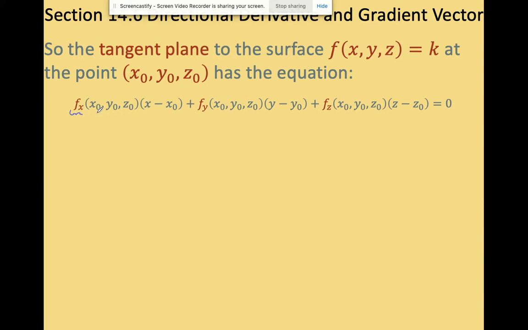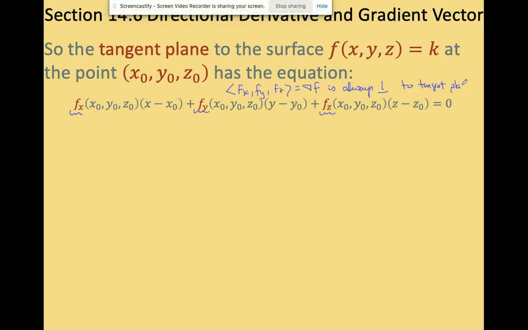The partial derivative at the point, partial y, because this is the gradient of f, which is always perpendicular to the tangent plane.